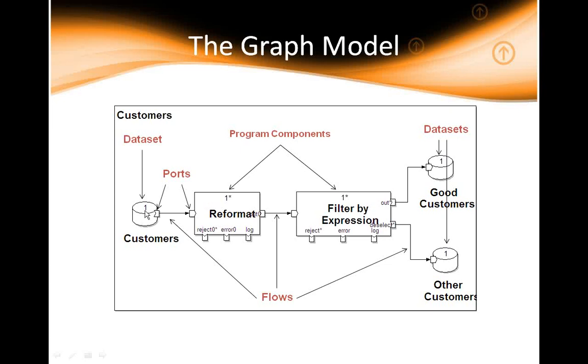Like this is a file component, the first one. There are other components called reformat, filter by expression, and there are two other file components. These are output file components, good customers and others. This is a sample graph.